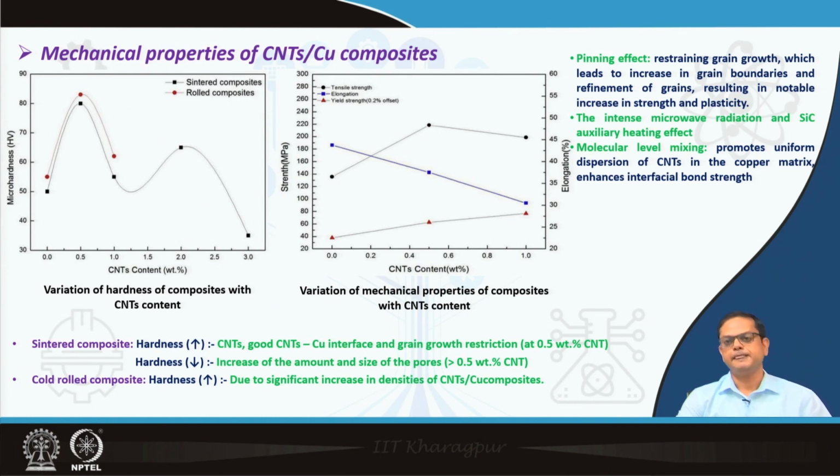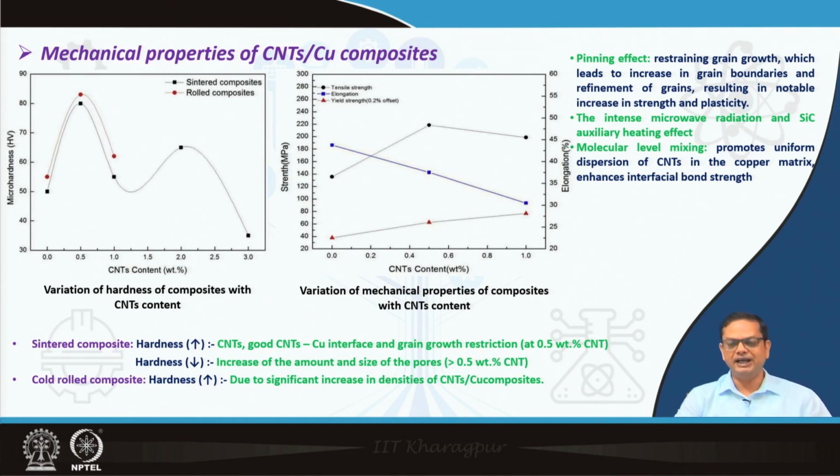So, we can see that by using microwave sintering, we definitely can synthesize ceramic matrix composite. Along with that, we also can synthesize this kind of metal matrix composites also. And we can do a lot of different kinds of post treatment to further improve their mechanical properties.